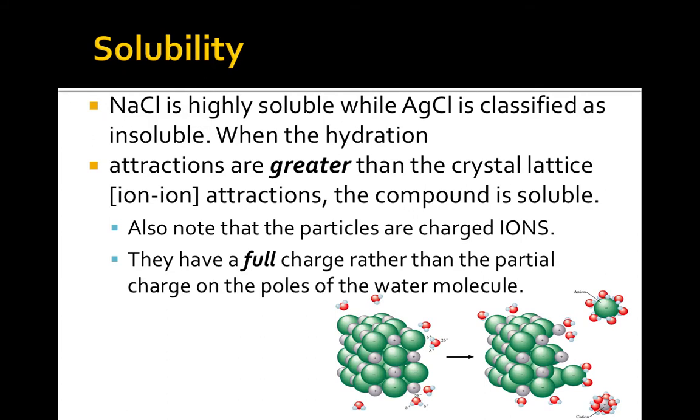Sodium chloride is highly soluble, while silver chloride is classified as insoluble. When the hydration attractions are greater than the crystal lattice structure, the ion-ion interaction, so that's like the positive-negative attraction, the compound is soluble. But if the hydration attractions, and remember, hydration attractions is just the water's hydrogen end being attracted to the anion, and the oxygen end, the negative end, being attracted to the cation.